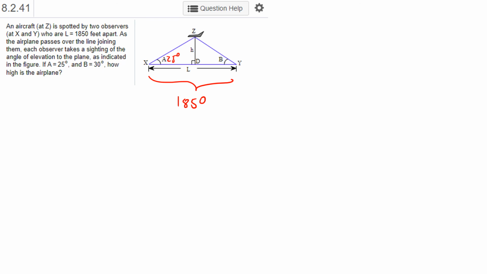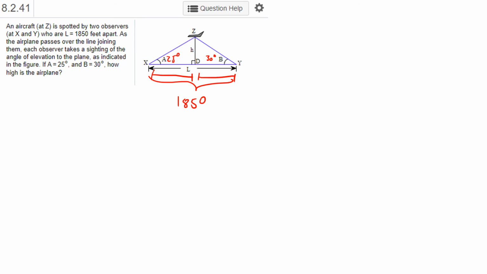And the angle at B is 30 degrees. How high is the airplane? What we don't know is where in between X and Y the plane is. It's somewhere in between them at a particular height, but we don't know this distance compared to this one. We just know that those two distances will sum to 1,850 because that's the distance between our observers.